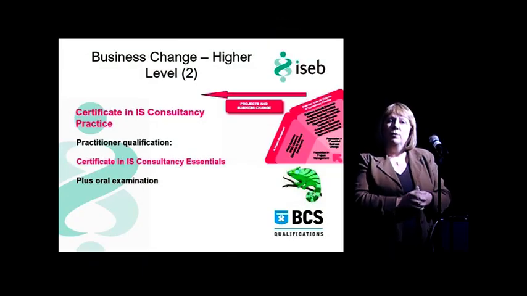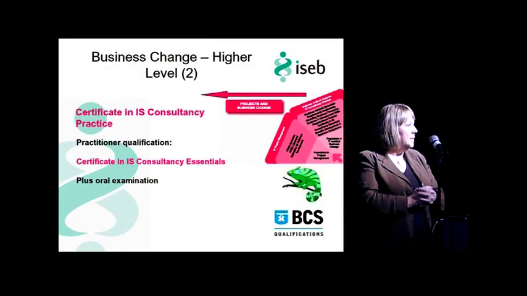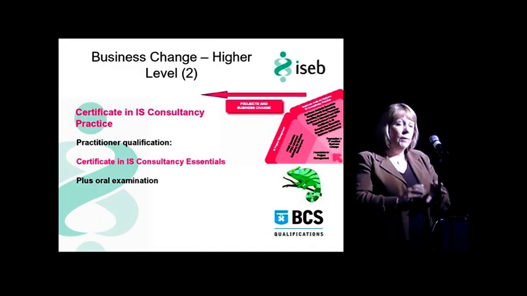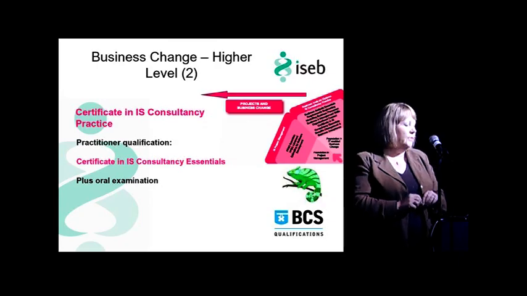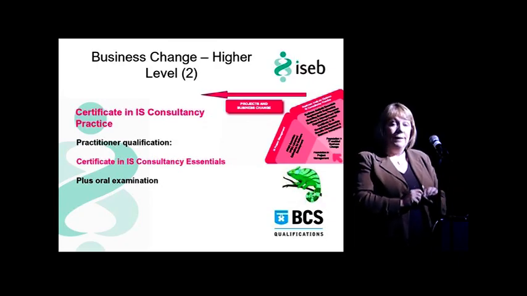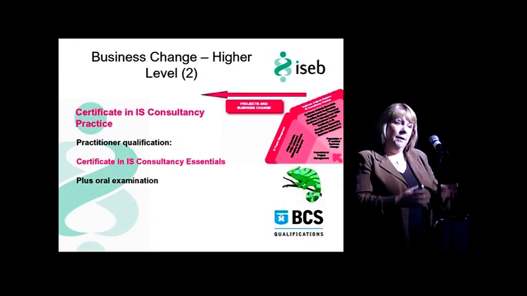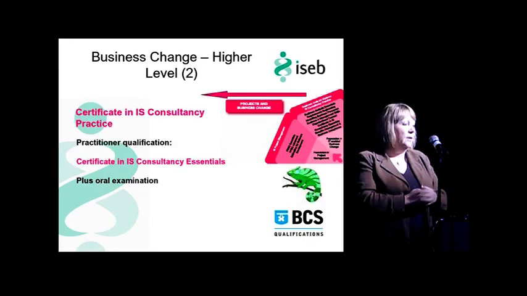The other higher level qualification in business change is the certificate in IS consultancy practice. Only one practitioner level is required for this, although that one is a bigger exam and a longer training course, and I would say a lot more information than one of the other BA practitioner qualifications.